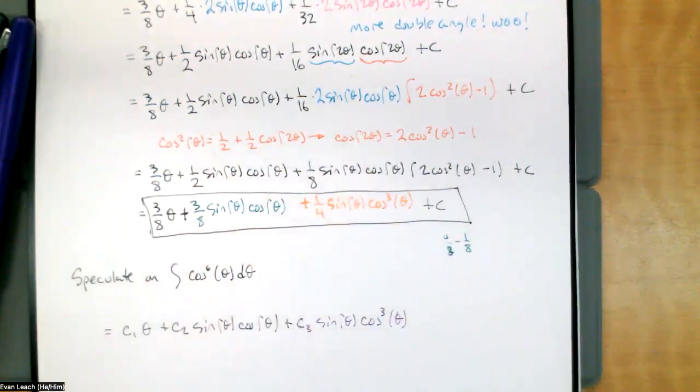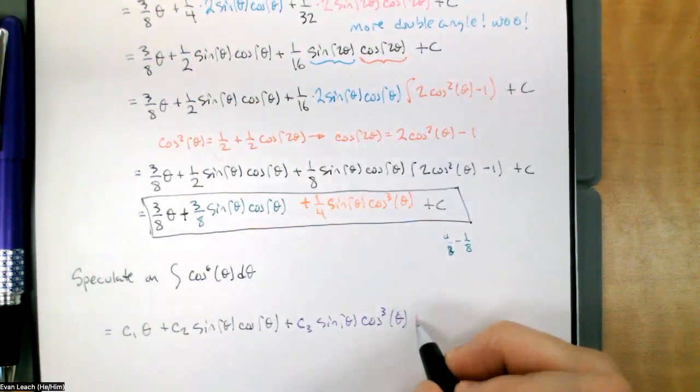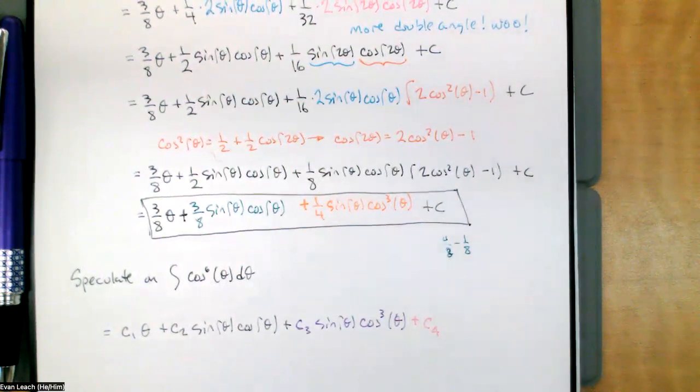So I would speculate that we get another term like that, because we think back to what happened when we were integrating higher odd powers of secant. We got the previous stuff with this new term that was kind of a variation on the old term. So I'm going to speculate that another term shows up with some constants that we'd have to work out. What do you want to speculate on this form?